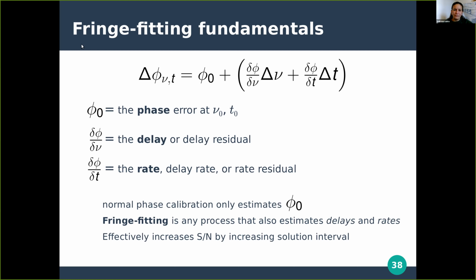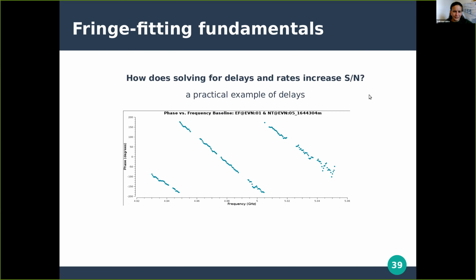So when you're finding your phase error, you're finding all three of these terms, and anything that does that is referred to as fringe fitting. And this effectively increases your signal to noise because it means you can increase your solution interval. So how does that work in practice? Increasing the solution interval and increasing the signal to noise.